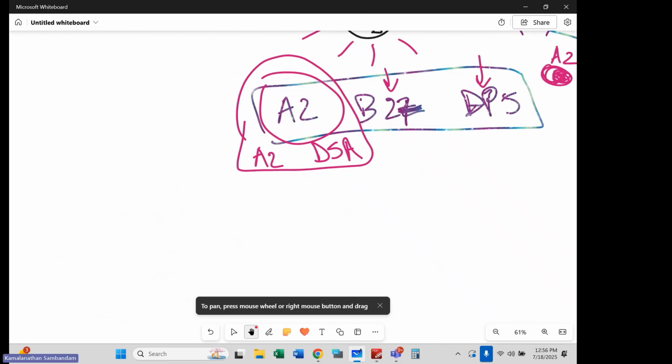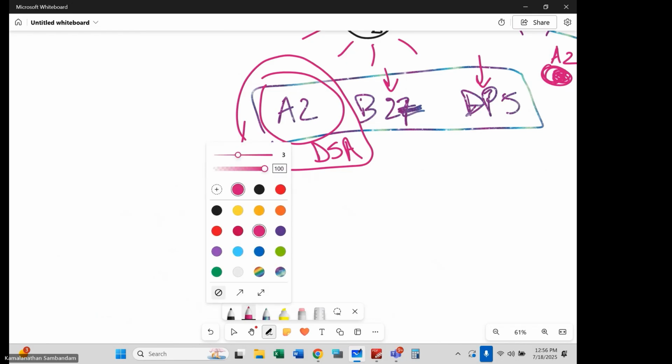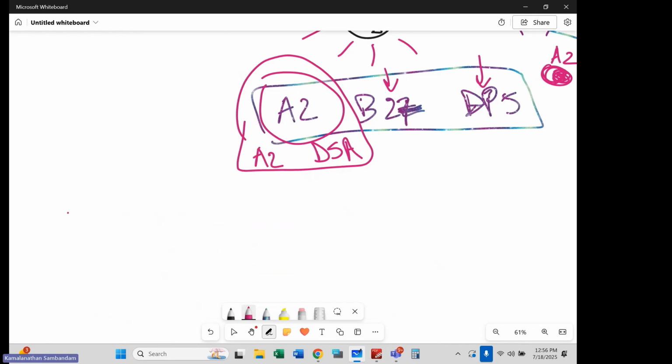Okay. Again, let's say the recipient has alloantibodies. So these are the alloantibodies that are produced by the recipient. And let's say again that the recipient is producing an antibody to A2, right?